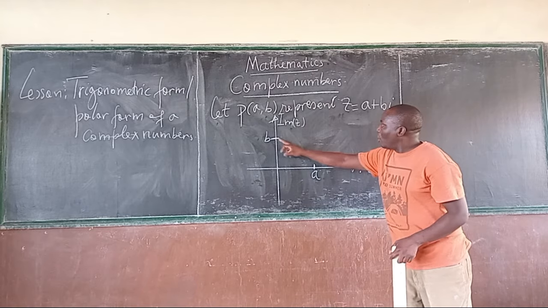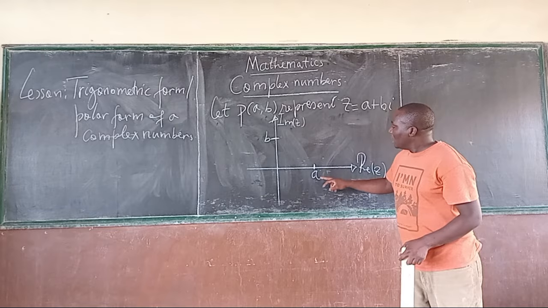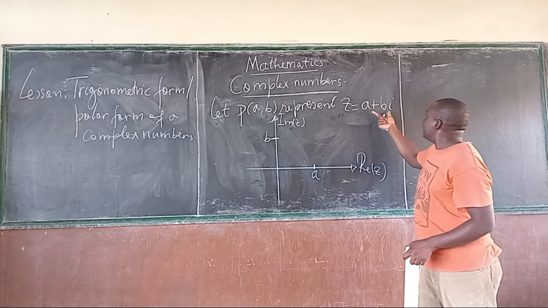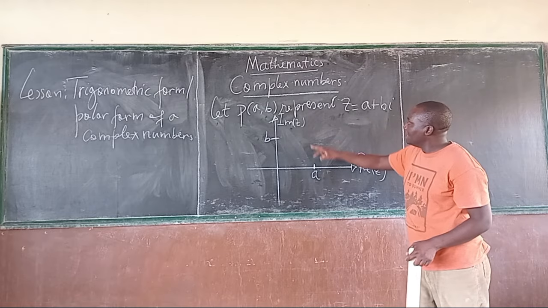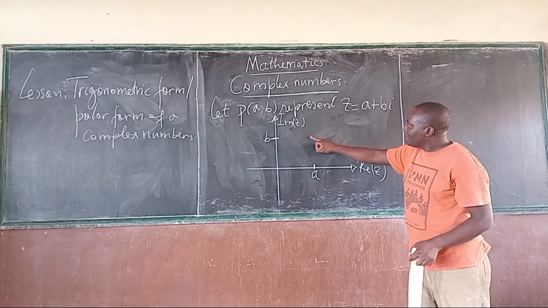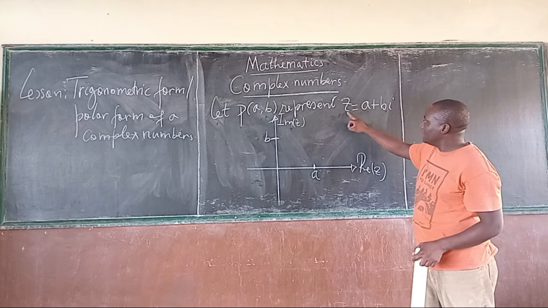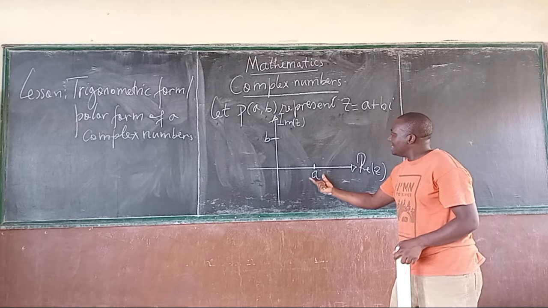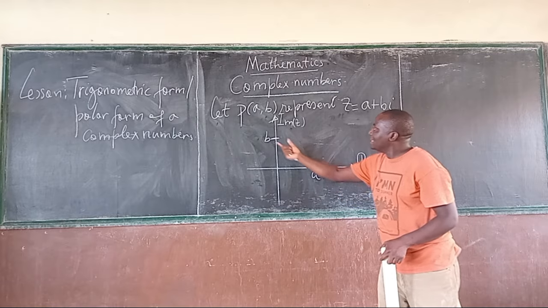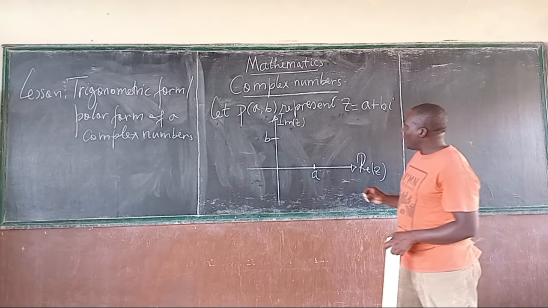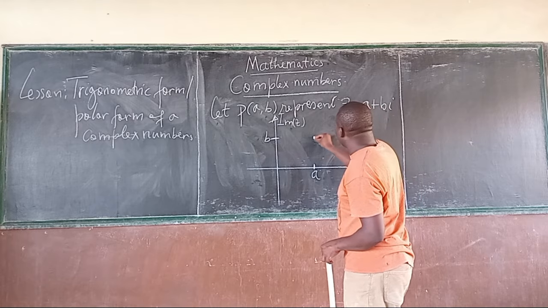Then the point where those two parts of our given complex number meet on this Argand plane represents your given complex number.